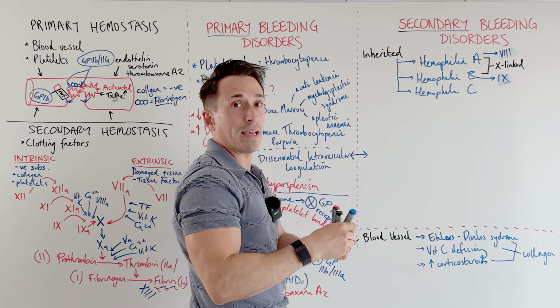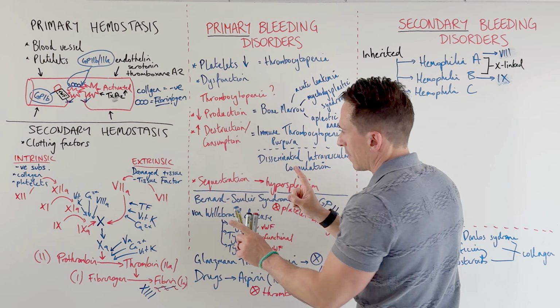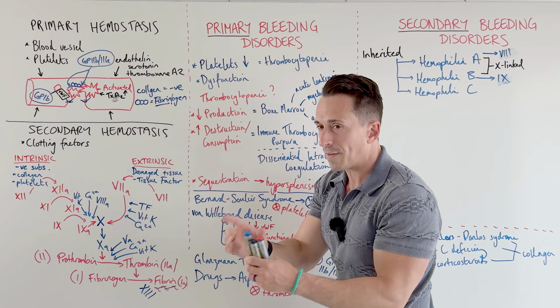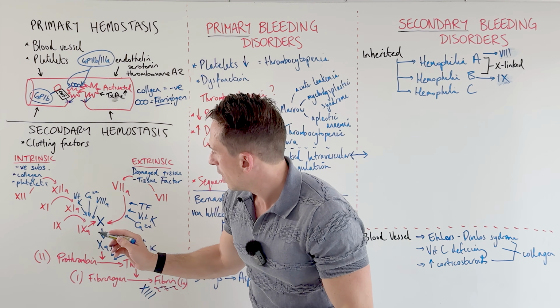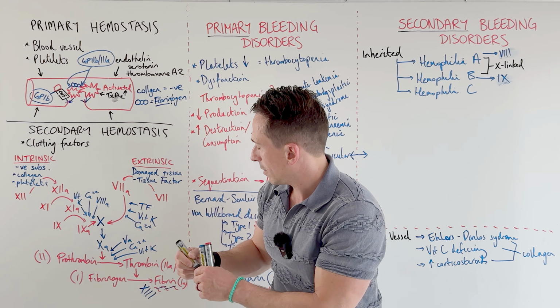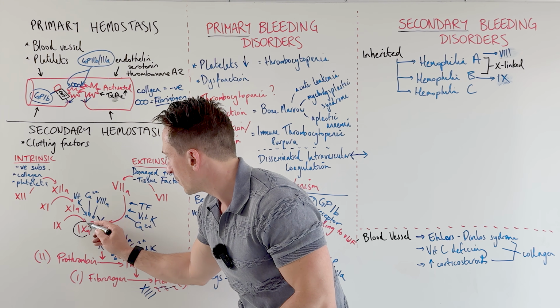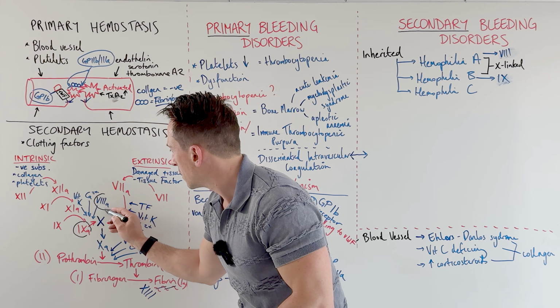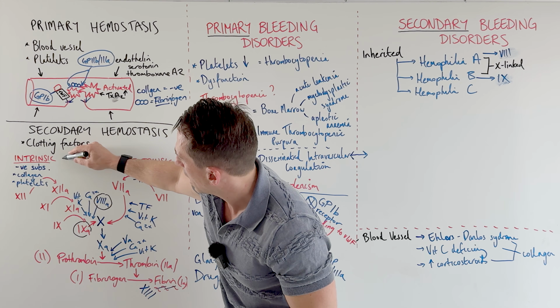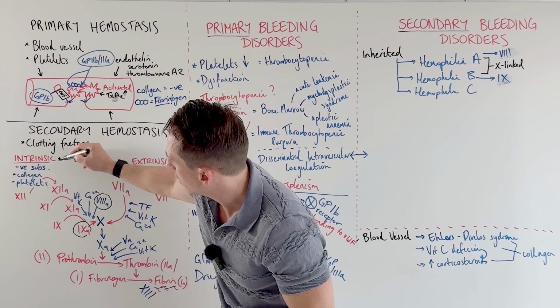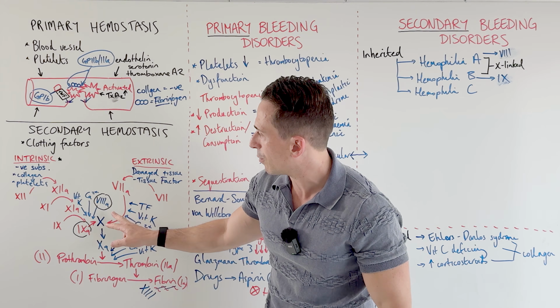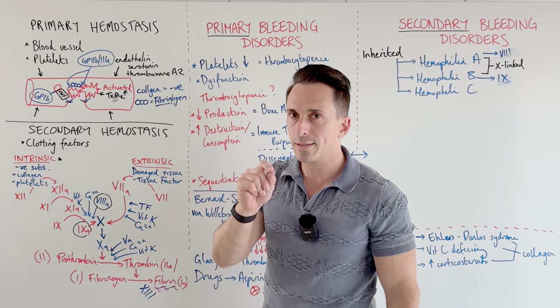And hemophilia B is factor 9. Now, let's have a think about this. Where is factor 8? Where is factor 9? So let's use the black, all right? So here's factor 9. Here's factor 8. They're both intrinsic pathway.